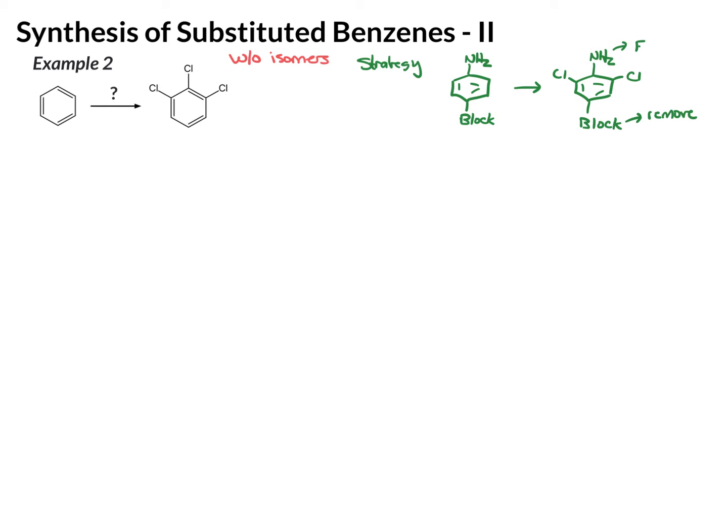So let's start by getting the amino group on the ring. I'm going to use benzene. Going to first do the nitration.